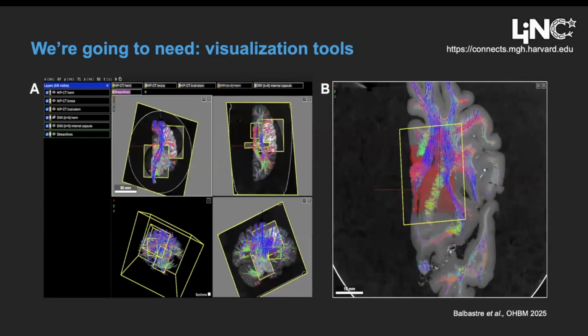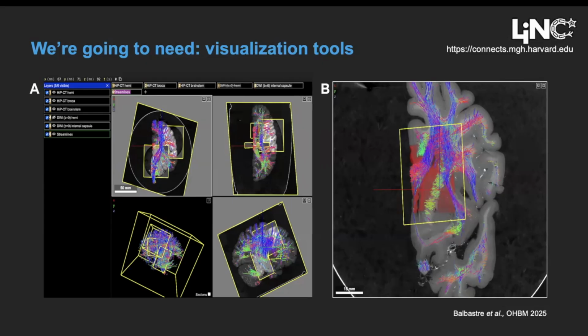So just to give you an idea of work that has been spearheaded by Yael in collaboration with Satra's team. So this is using an existing visualization platform that's called Neuroglancer, that's very popular in the nanoscale electron microscopy connectomics community.